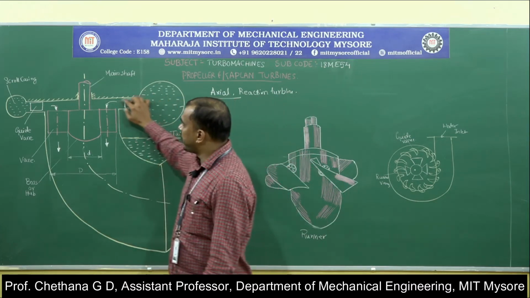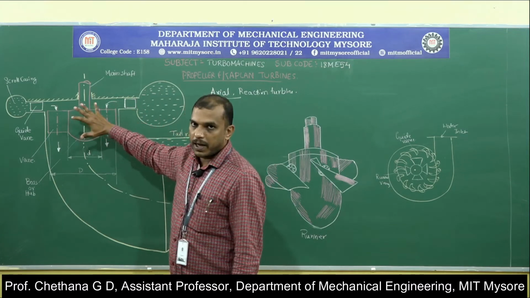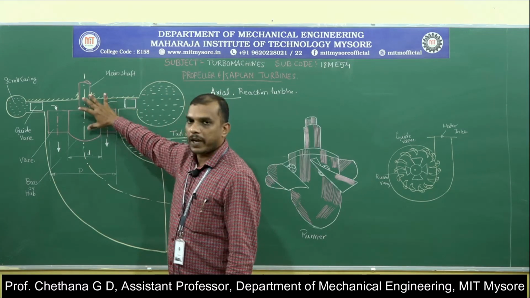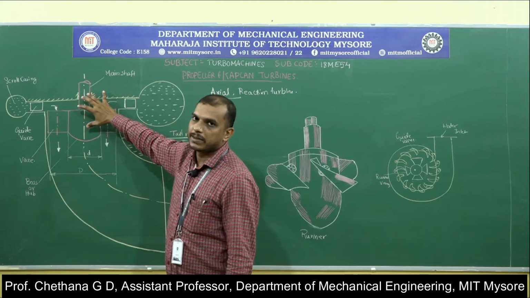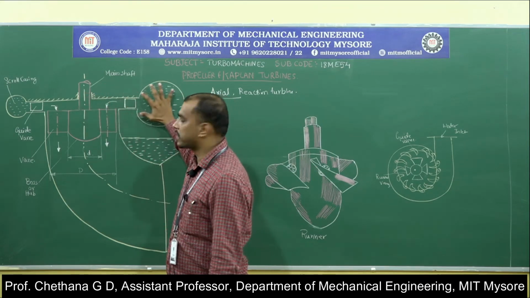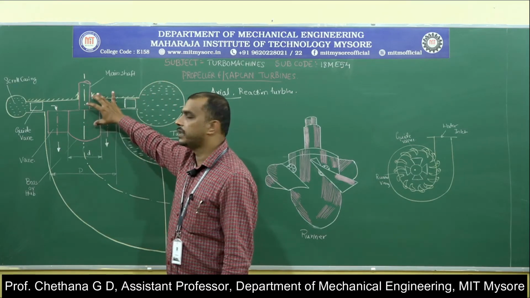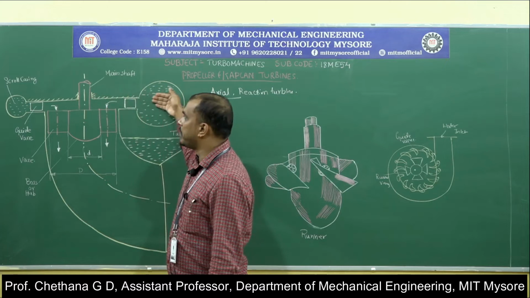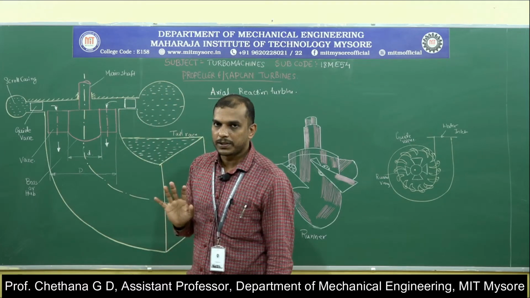Now as the fluid enters here, imagine that if it was a Francis turbine, this runner would be in the same plane as that of the scroll casing, because of which, if you shift this up here, the fluid will be entering in radial direction. Now what is the change?